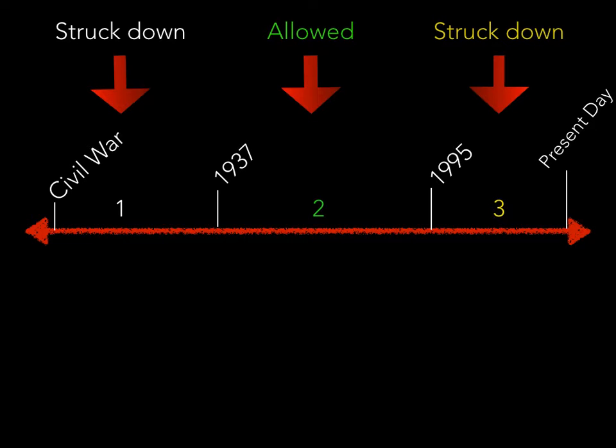Okay, and past 1995, you'd see that the court returned to its earlier pre-1937 view and would strike down a federal statute in the Lopez case. So, as you can see, they're color-coded just so you guys can follow along a little bit easier.